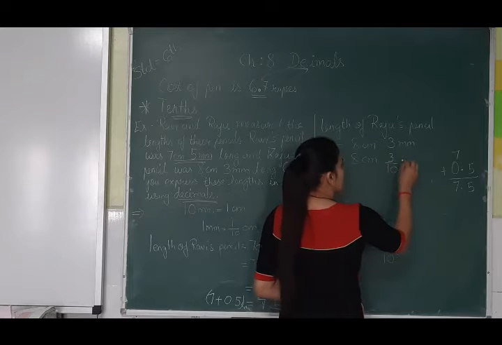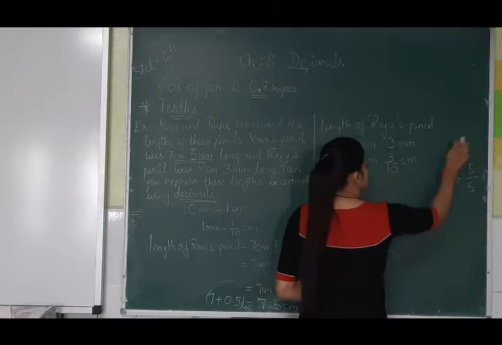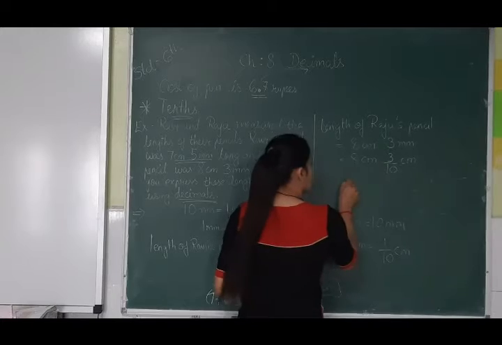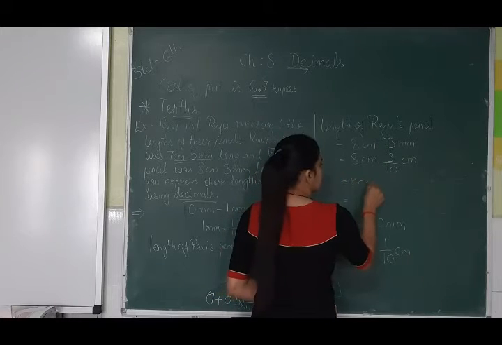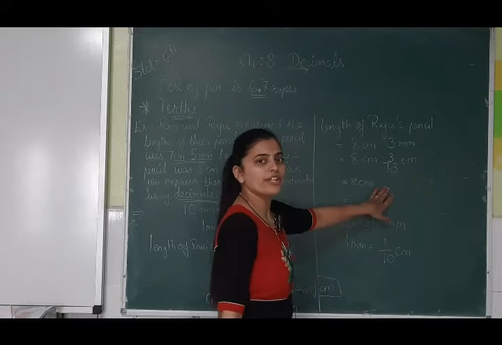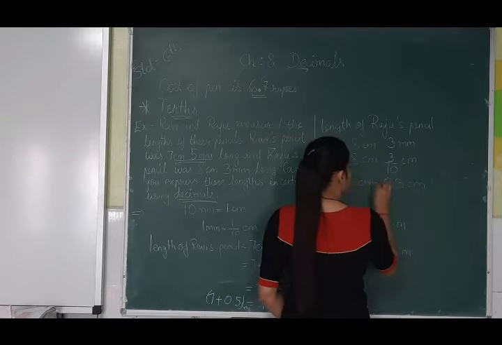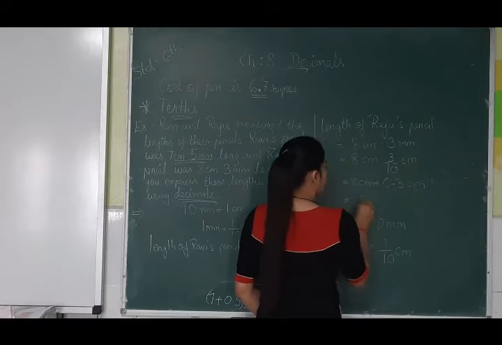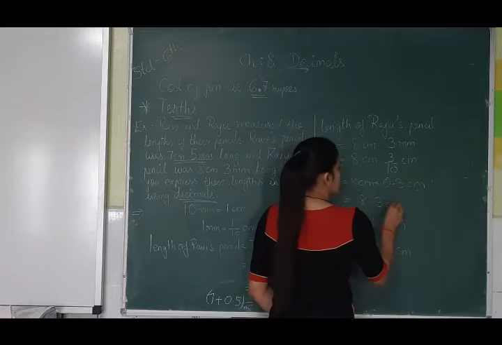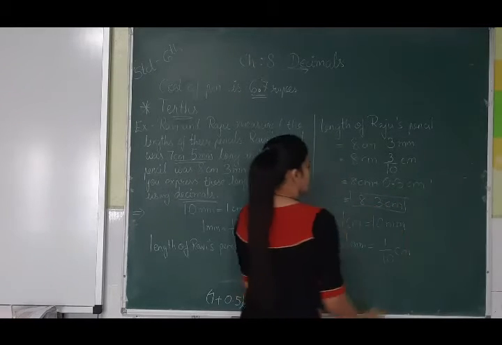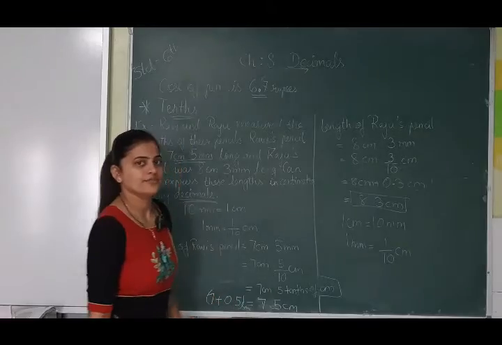So 3 by 10 centimeter. So it will be equal to 8 centimeter as it is. Now 3 by 10 means 0.3 centimeter plus. Now if we add, then it will be 8.3 centimeter. So this is the required answer.